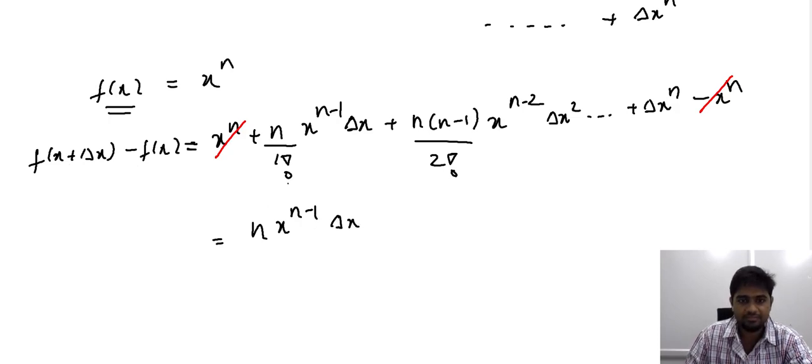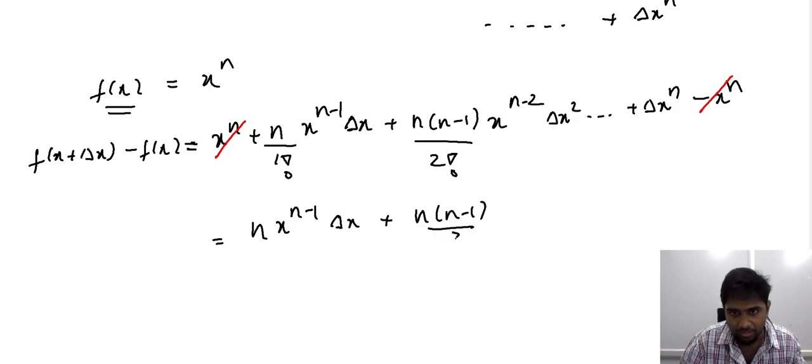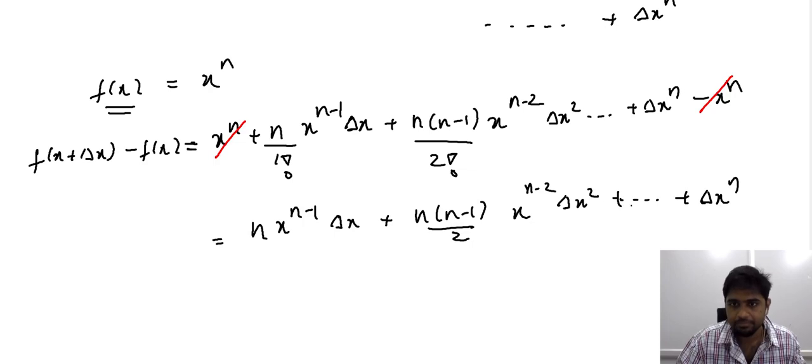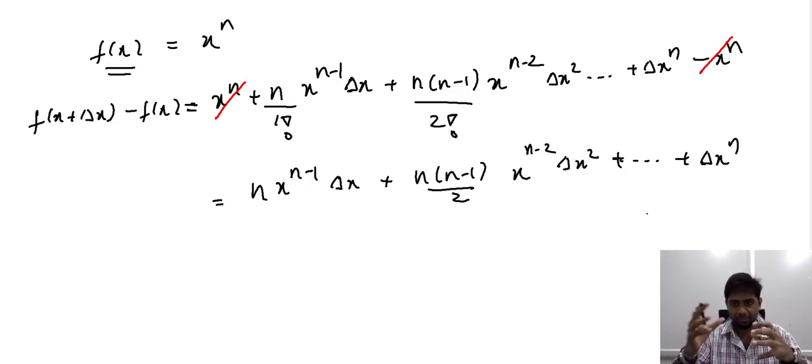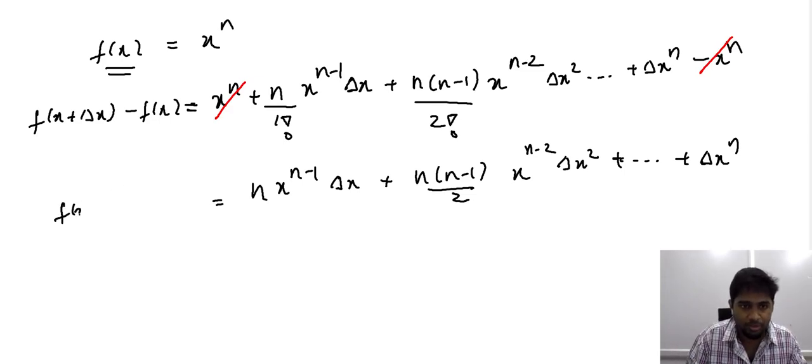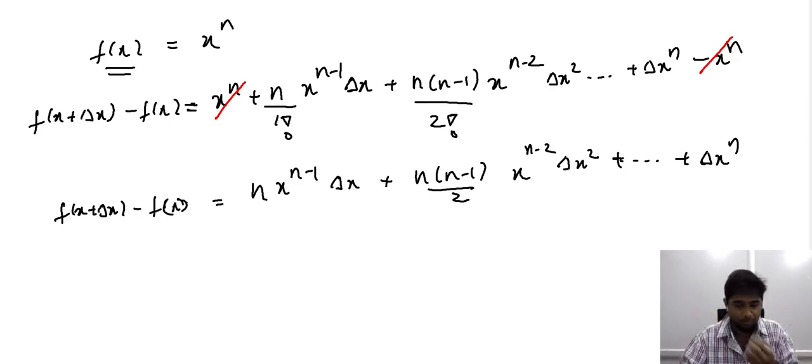We have treated 1 factorial as 1, and then we have the next term, n into n minus 1 by 2 x power n minus 2 delta x square, so on and so forth, and ultimately delta x power n. All that we have now is a set of terms that describe the numerator for our approximation.